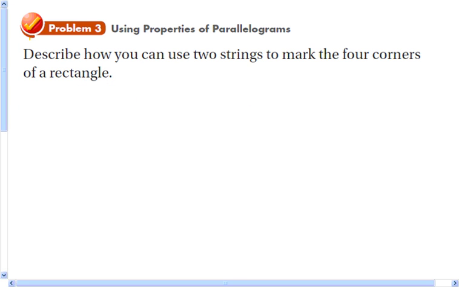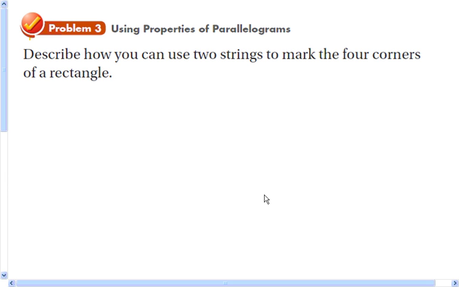All right. Describe how you can use 2 strings to mark 4 corners of a rectangle. To do this, we use the idea that if it's a rectangle, then the diagonals are congruent.